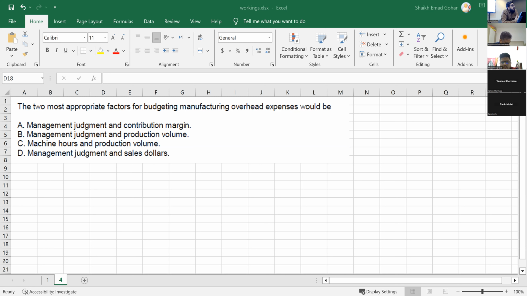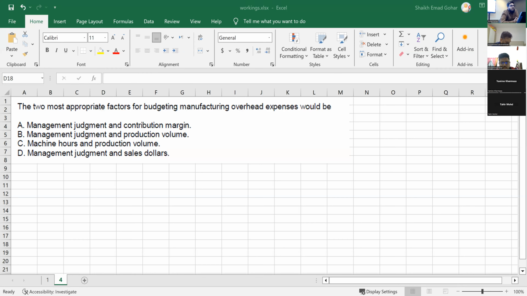Then we talked about activity-based costing. In activity-based costing, we have multiple drivers, depending on what the overhead exactly is, and accordingly we will allocate. In this question, they are not talking about activity-based costing. As you can see here, they are saying management judgment.